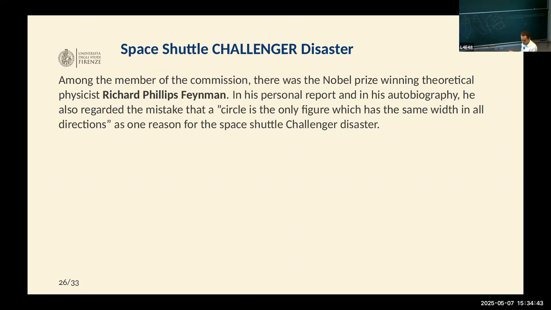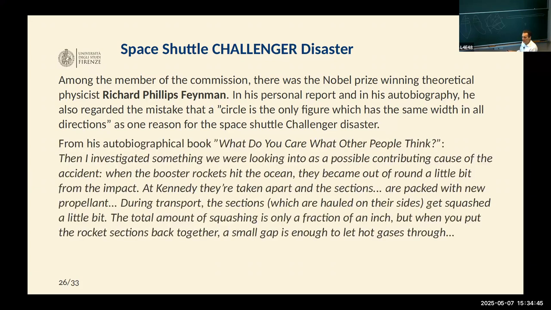So when they took back these pieces, before putting them together they had to check that they were still round. They rolled them between two surfaces, to be sure they were still circular. Then they put them together. This is not a good procedure, because you cannot be sure that it is a circle.